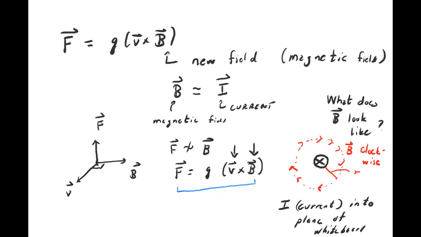Okay, so if we think this is right, let's do a second experiment. The second experiment I want to do is go back to my wire 1 and have a current going through it. Again, I have to specify the direction for a current. Current is a vector.